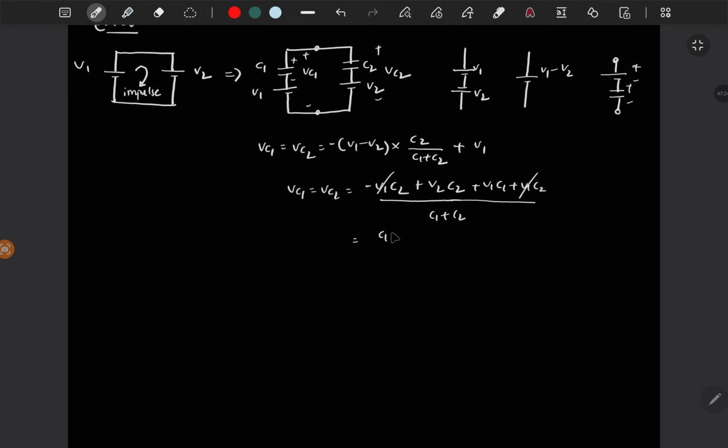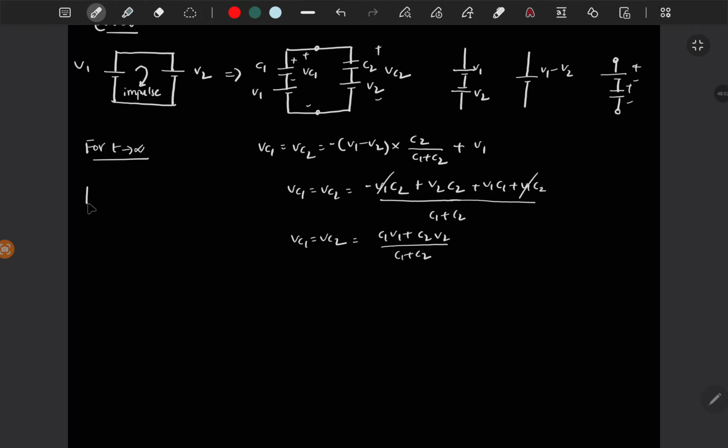So you will get C1 V1 plus C2 V2 by C1 plus C2, which is Vc1 equal to Vc2 for t greater than 0. Similarly, for t tends to infinity also, the circuit remains same, but at t equal to 0 plus these two capacitors were having very low impedance. Now at t tends to infinity, they will have very high impedance for our circuit analysis.